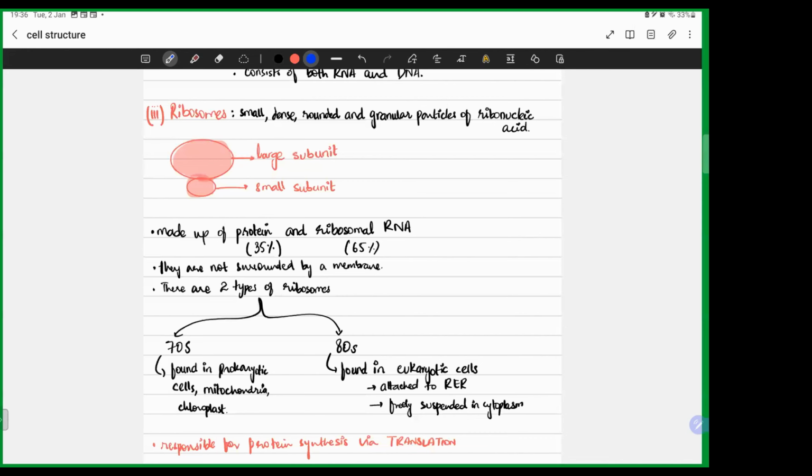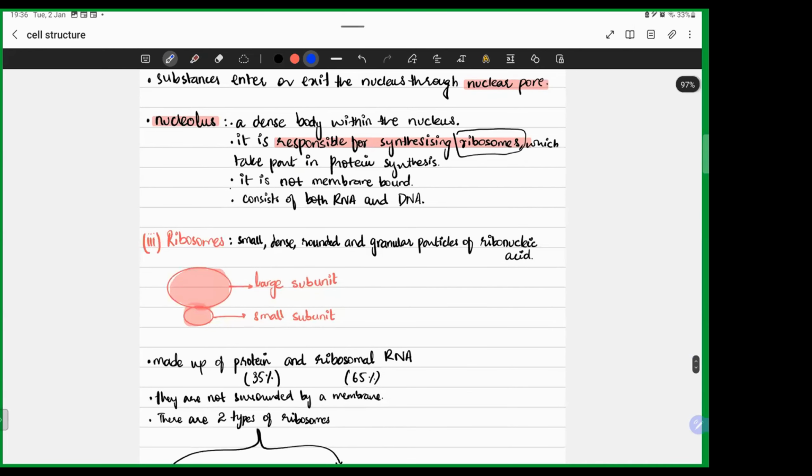Now, ribosomes are not surrounded by a membrane. They are not membrane-bound. So, do you think that prokaryotes would be having ribosomes or they would not be having ribosomes? What do you guys think? I want you all to answer this question.